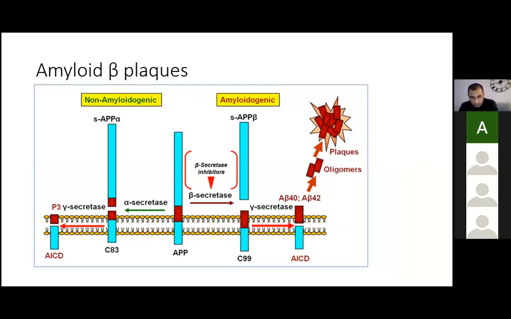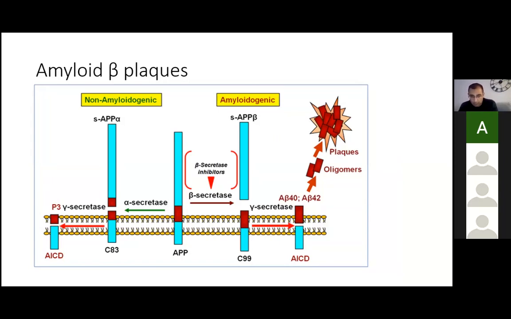Now, normally you get alpha secretase and then gamma secretase, and the protein that's formed does not go and form plaques. Whereas in people at high risk, people with Alzheimer's disease, you get beta secretase, and you go down the right side of this diagram. So beta secretase, gamma secretase, and this forms this insoluble plaque protein, and therefore you get the amyloid plaques.